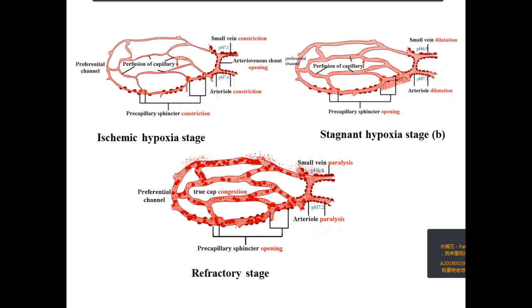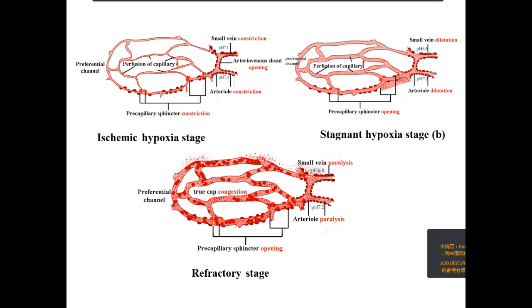The second, the stagnant hypoxia stage, alteration of microcirculation and tissue perfusion. What alteration? During this stage, vasoconstriction or vasodilation? Vasodilation. So is blood flow slow or quick? Slow. So it affects the capillary resistance vessel.